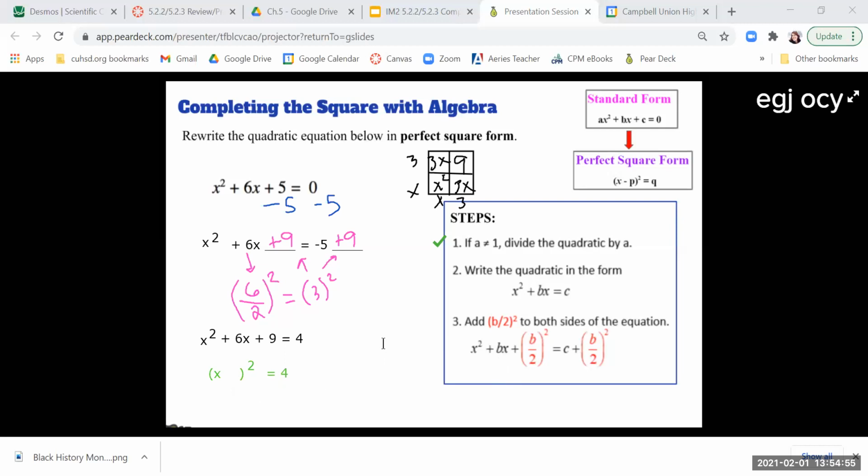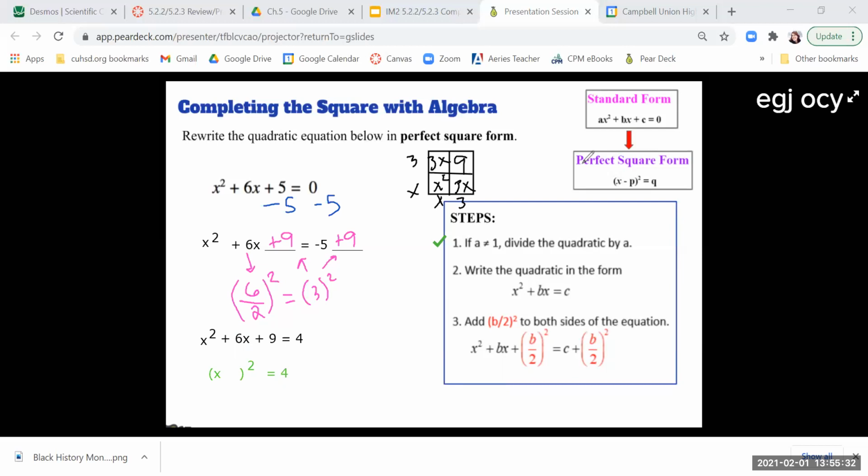And the number that goes in that spot shows up in multiple places in this problem, okay? When I took this 6 and I cut it in half and got a 3, it showed up there. When I squared that number and turned it into a 9, the square root of that is also the number. So all I have to do is look at this number and take half of it, and that's the number that goes into our factor. It's this 3. It's half of the middle term. It is the b over 2 in the b over 2 squared.